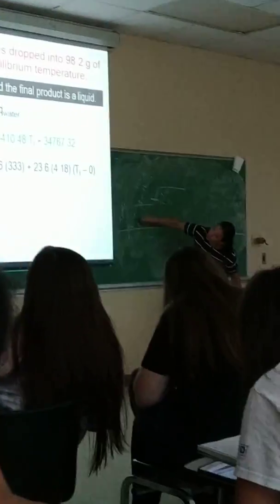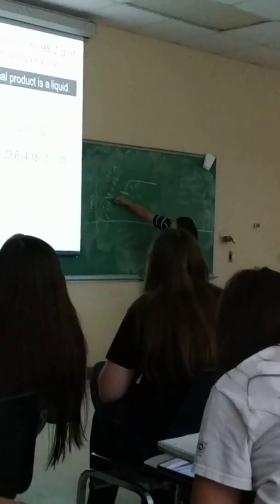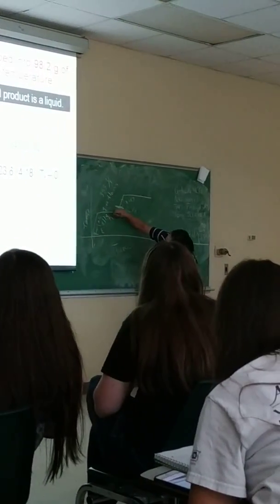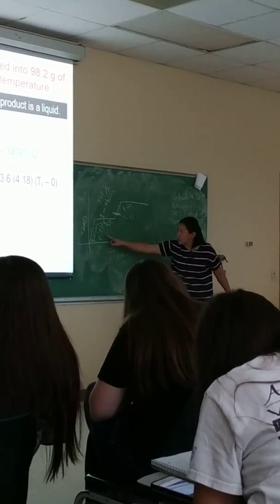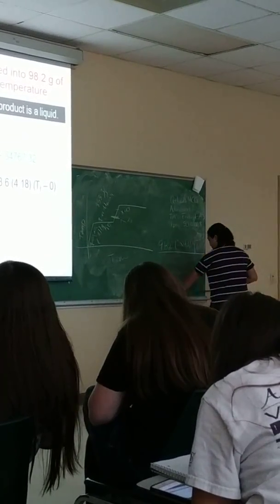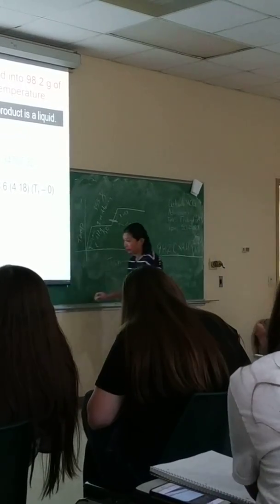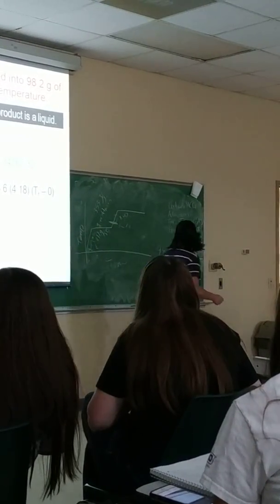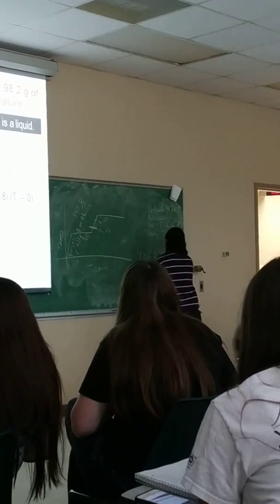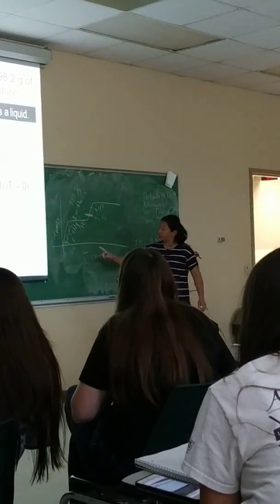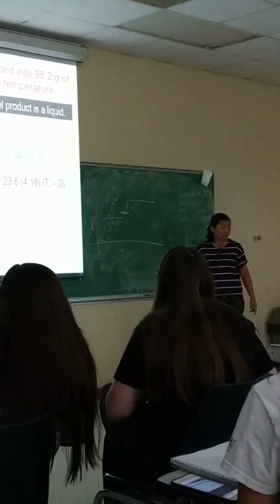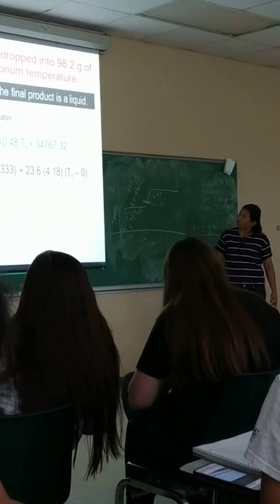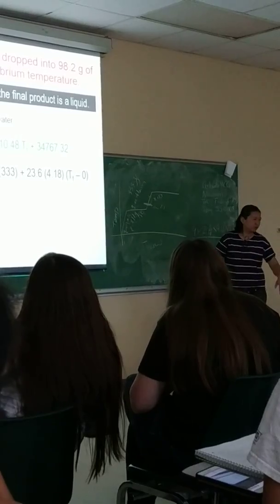This is 2.077 joule per gram per Celsius degree. That 98.2 is supposed to be grams, right? Oh yeah, sorry, grams. Is that 333 given? Yes, it will be given to you.